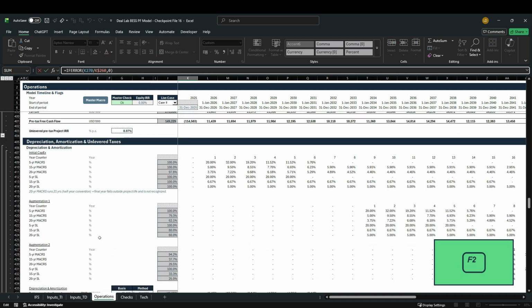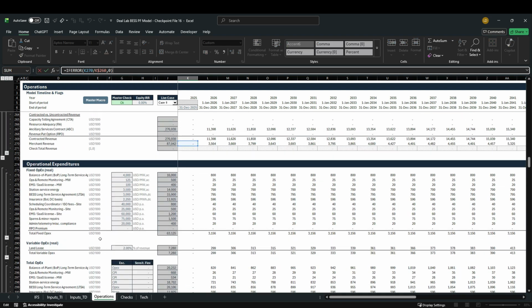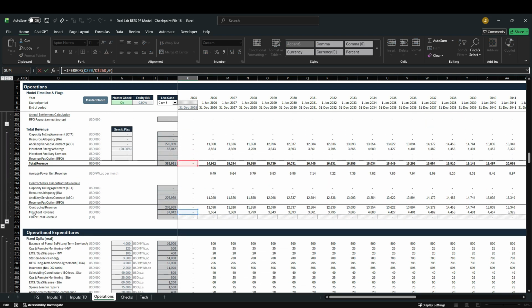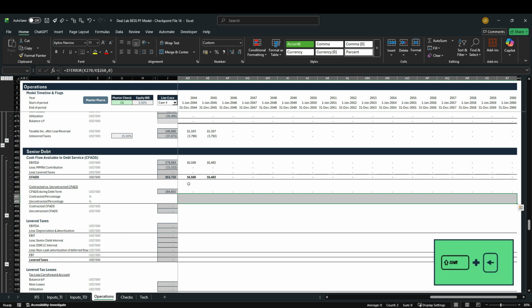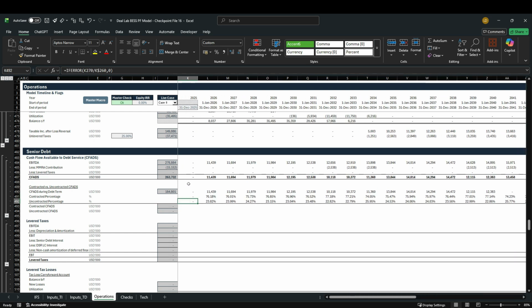Hit F2, let's scroll back up just to double check. And that is going to be our merchant revenue over our total revenue. Hit enter, drag this over, Control R. And this in total should always give us 100% in each period, which is the case.